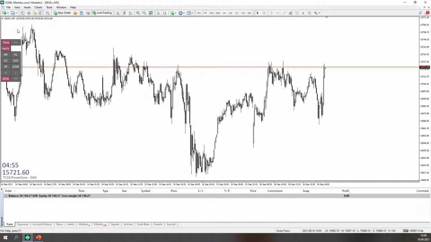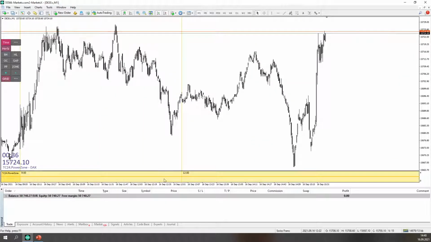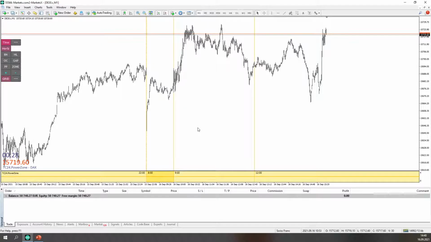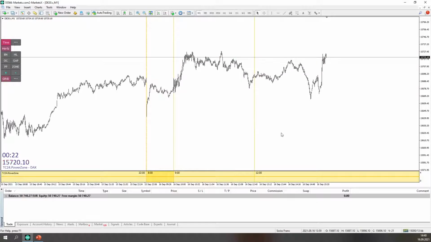You need some orientation for which market session you are in, and therefore we have this time button here, which gives you an overview of your trading day: when the market starts, when the pre-market open is, when the midday time starts, and so forth, and when the market is closing. So you get a first vertical orientation about your trading.